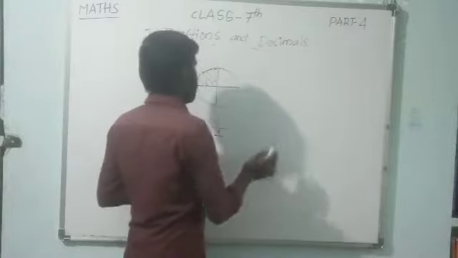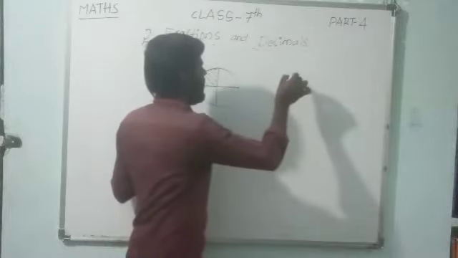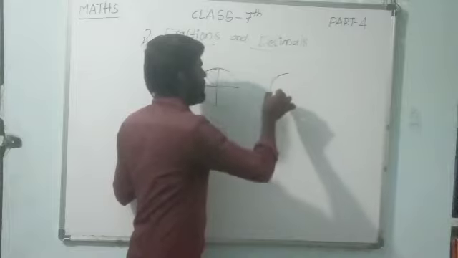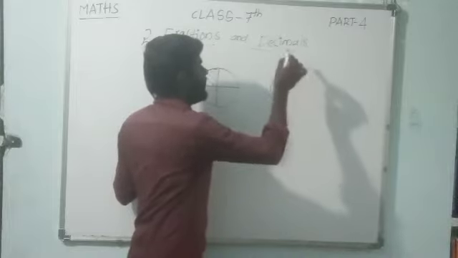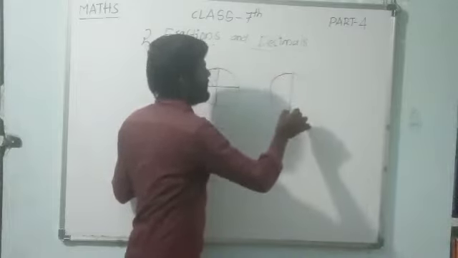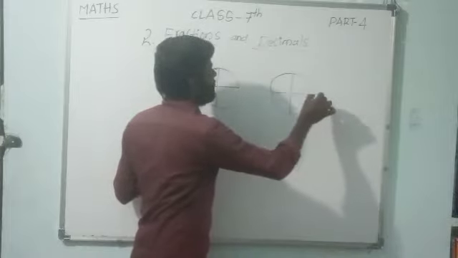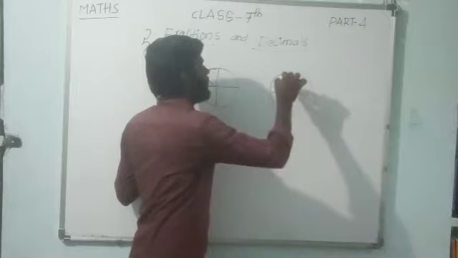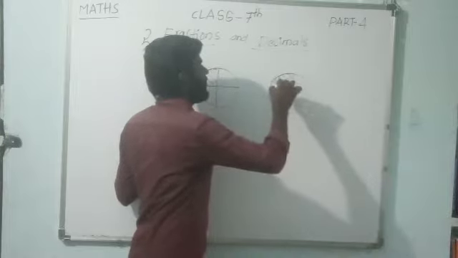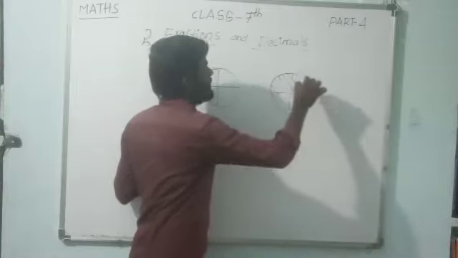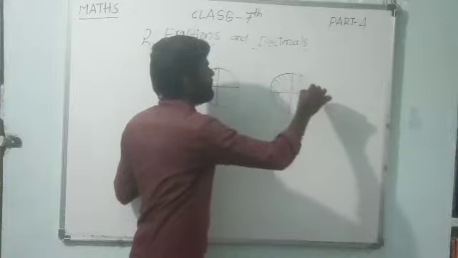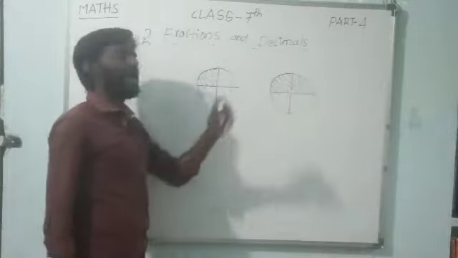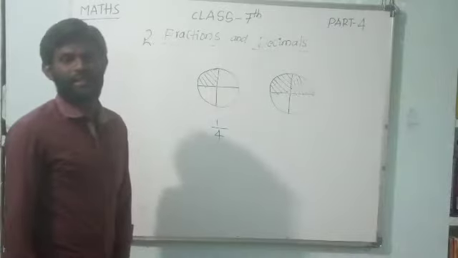Example 2. Let us see next. Suppose another circle is there, having the same number of parts. Suppose two parts are shaded. Here, total how many parts are there, dear children?